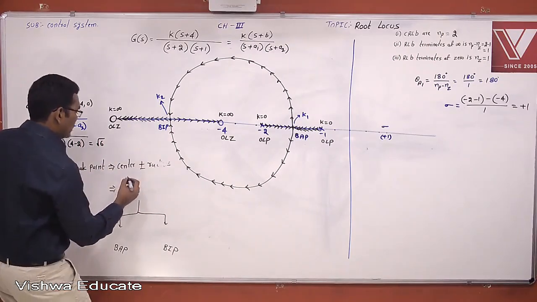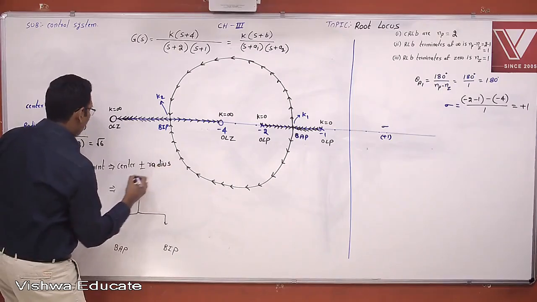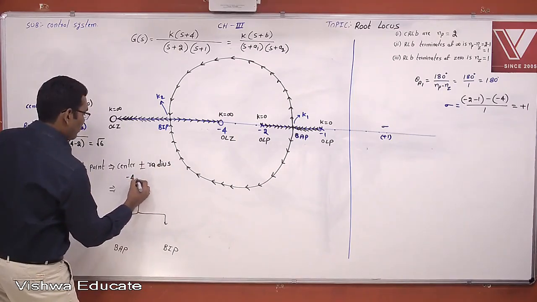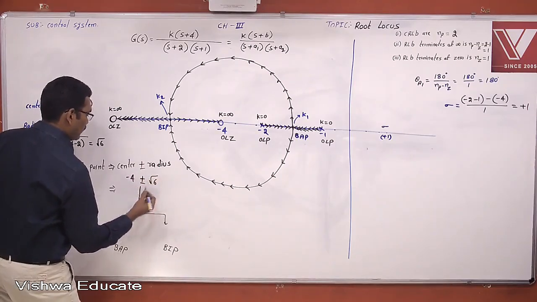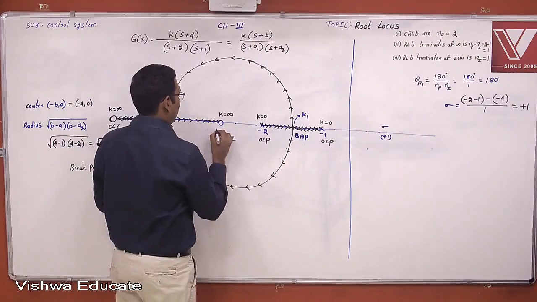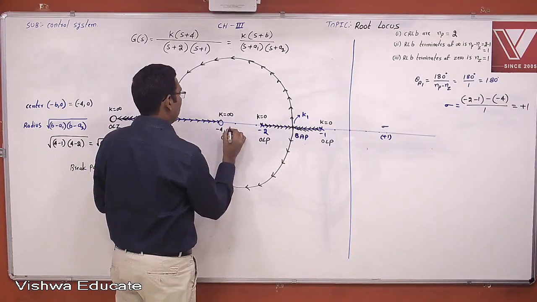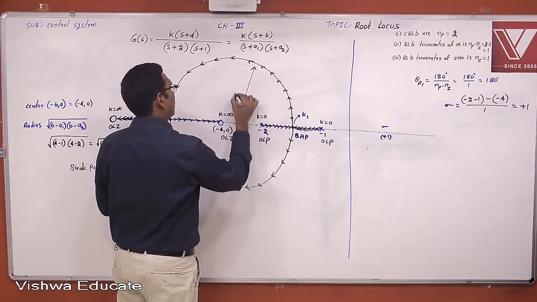Therefore the center is minus 4 comma 0 and the radius is root 6.